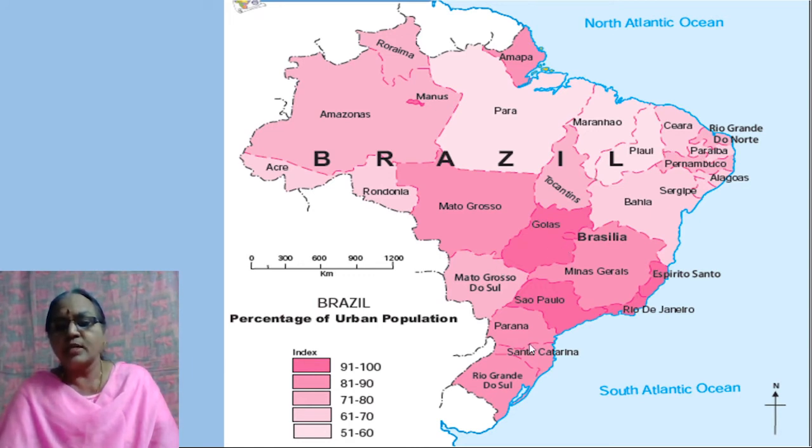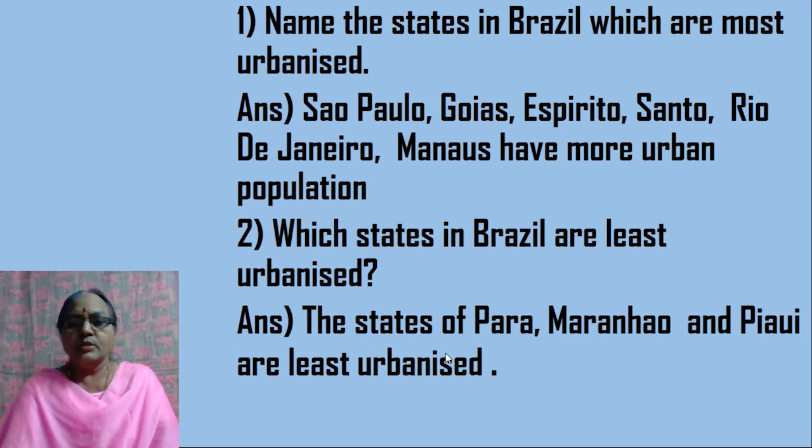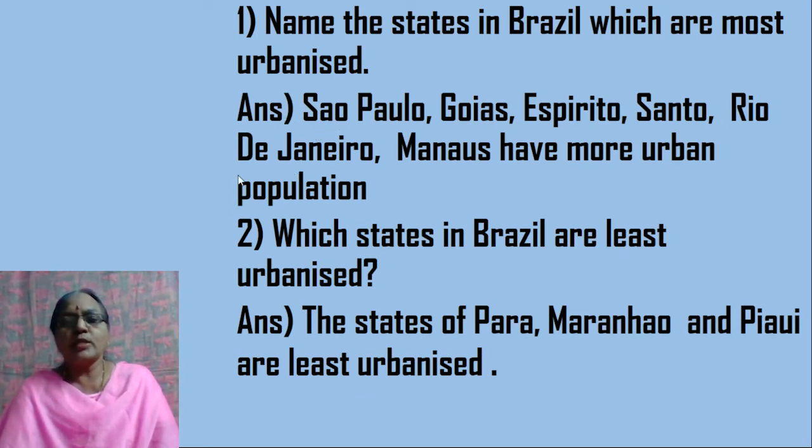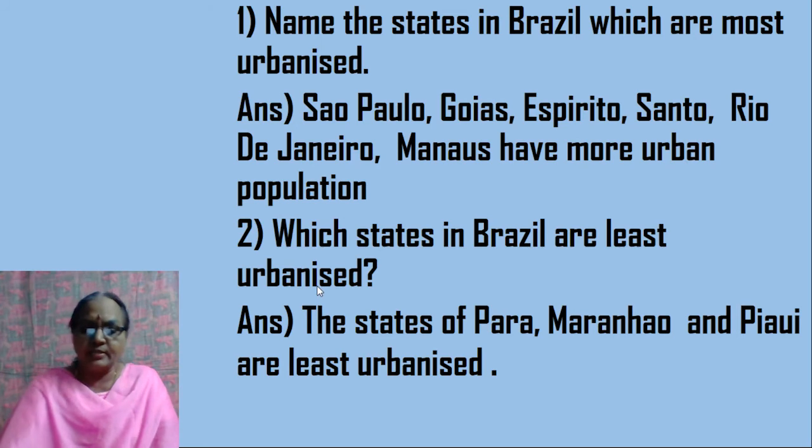It's Goiás, then you have Sao Paulo, Rio de Janeiro, Espírito, etc. So the states which are most urbanized are Sao Paulo, Goiás, Espírito Santo, Rio de Janeiro, and Manaus have more urban population.